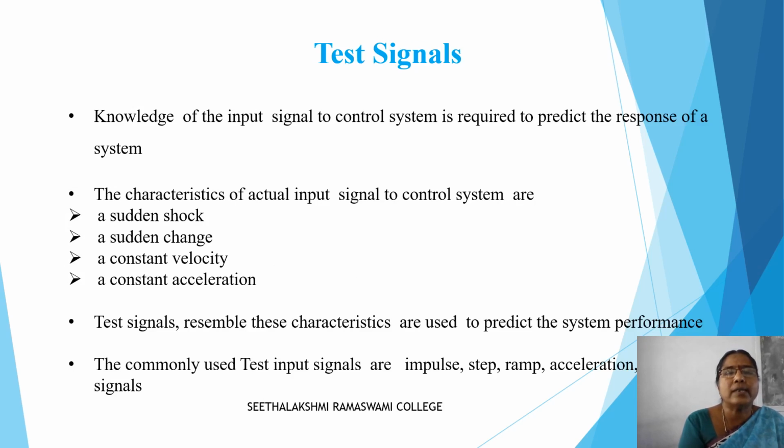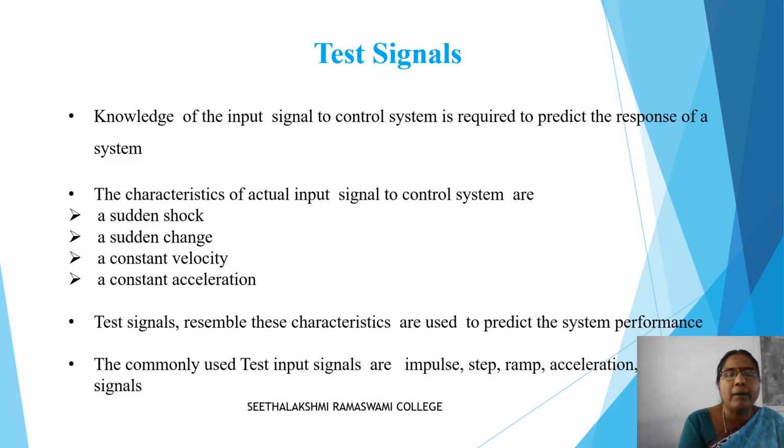Next one is the test signal. Knowledge of the input signal to control system is required to predict the response of the system. The characteristics of the actual input signal to the control systems are a sudden shock, a sudden change, a constant velocity, a constant acceleration. The test signals resembling these characteristics are used to predict the system performance.